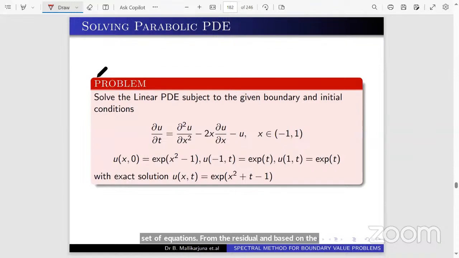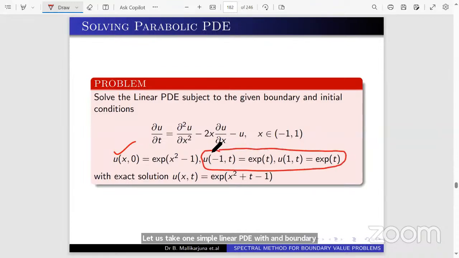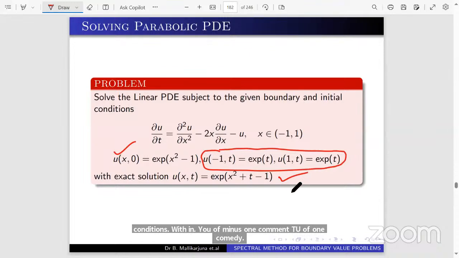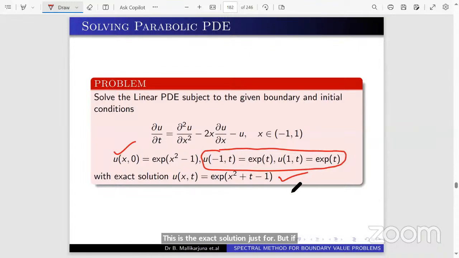Let us take one simple linear PDE with initial and boundary conditions. With initial and boundary conditions: U of minus 1 comma t, U of 1 comma t. This is the exact solution, just for verification of whether we get exactly the same, or if there is any error, how we need to rectify it.